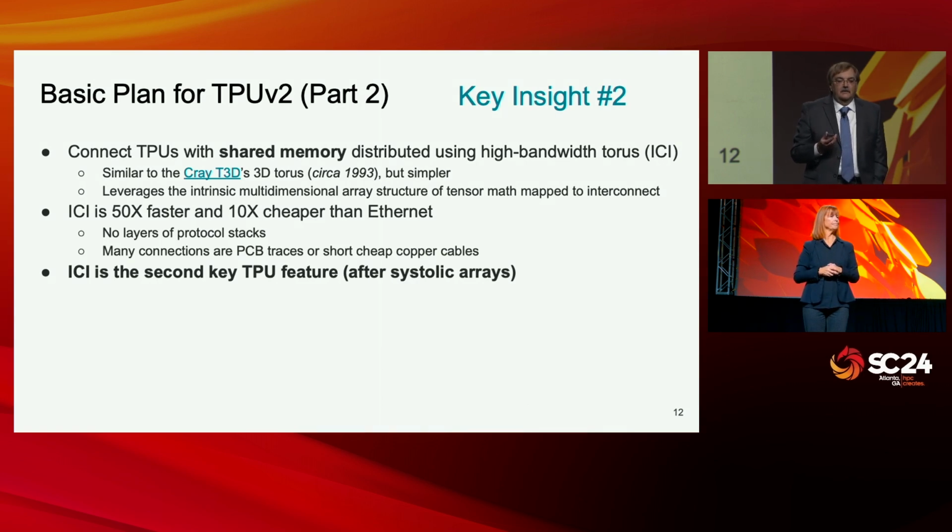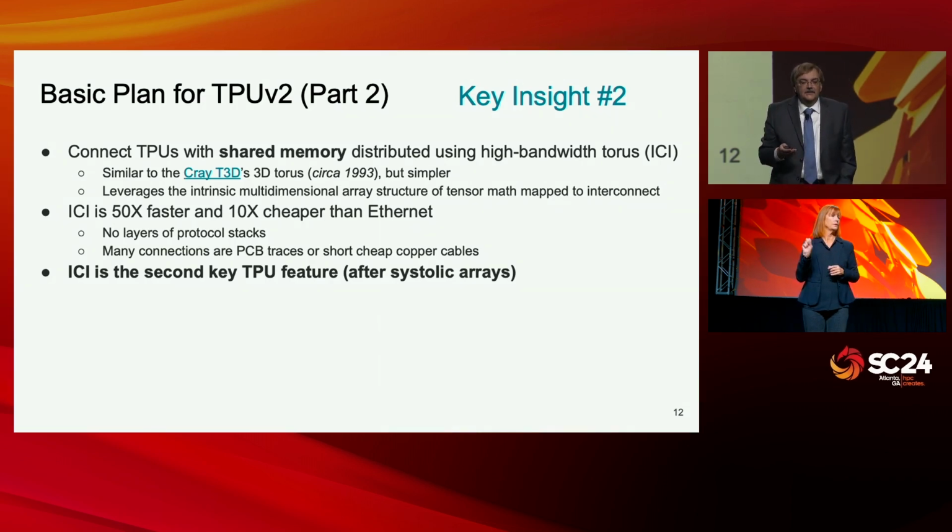It's similar to the Cray T3D's 3D torus, but it's much simpler. And the torus is a natural fit for tensor math because you can map dimensions of the matrices to the dimensions of the torus.